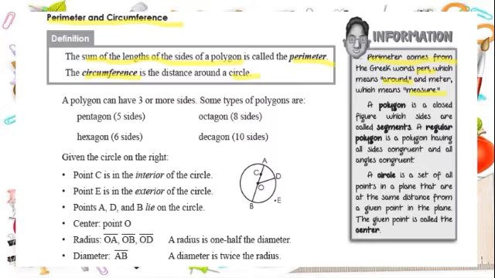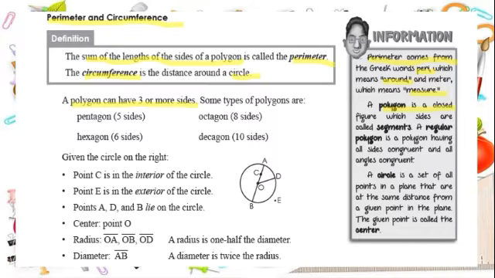Okay? So, a polygon can have 3 or more sides. Some types of polygons are, but first, what is a polygon? A polygon is a closed figure whose sides are called segments.